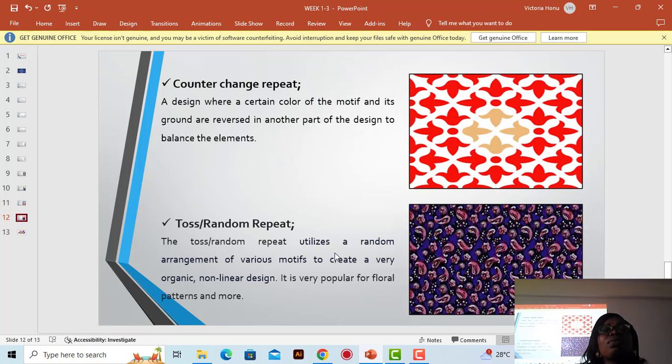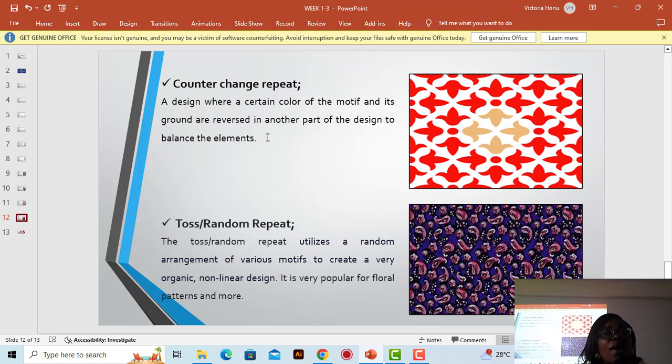Then we have the counter change repeat. Look at this counter change repeat very well because I'm going to talk a lot. There are a lot of ways of doing counter repeats. Let's use the word change. Let change be in your mind.